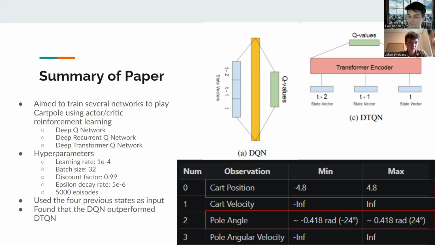But instead of using all four of these, the paper decided to just use the cart position and the pole angle as their inputs, and using those inputs from the current state as well as the previous states to create some sort of recursion. And we'll talk more about this later and its performance compared to using all four states as an alternative. So overall, the paper found that the DQN outperformed the DTQN.